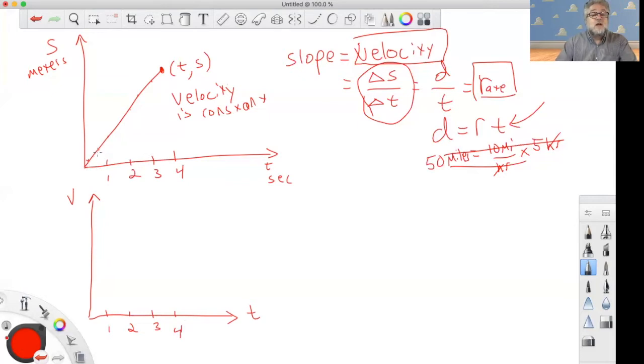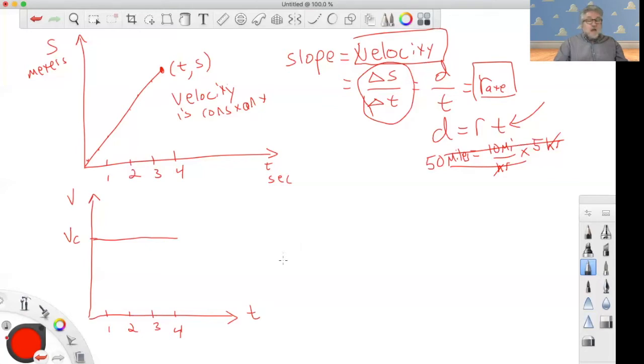Well, it looks like the slope is staying constant, so I'm not speeding up and I'm not slowing down. I'm staying the same. And so a constant velocity would look like this. It's supposed to be a flat line. So this will be my constant velocity because it's not changing. The slope is staying constant. The speed is staying constant.